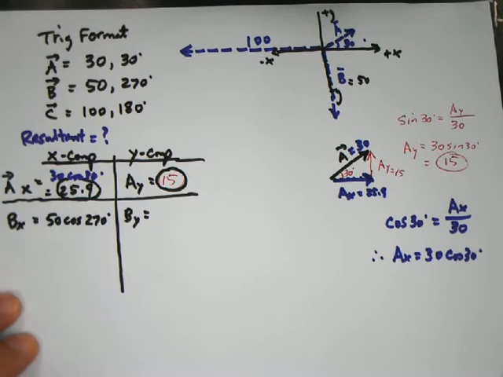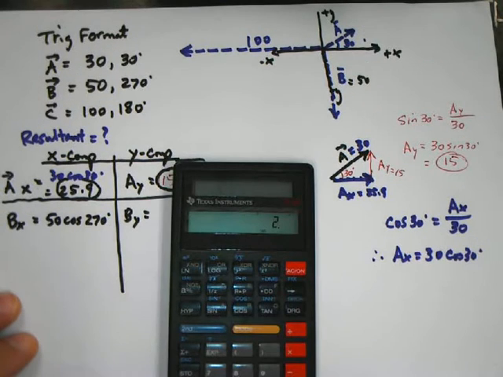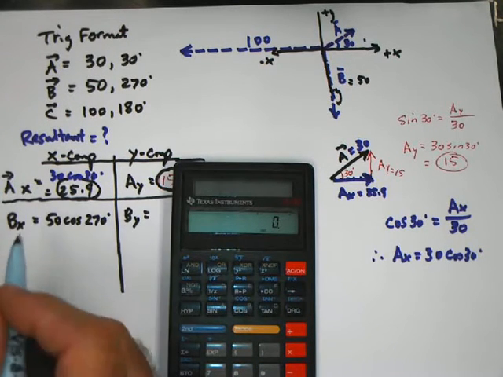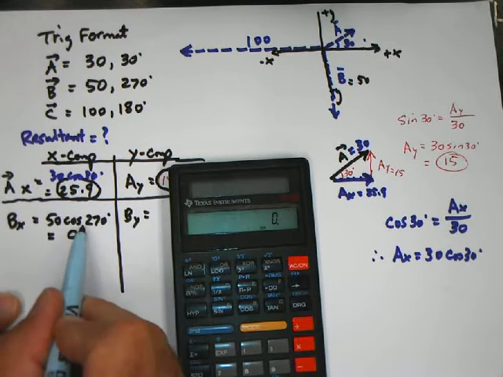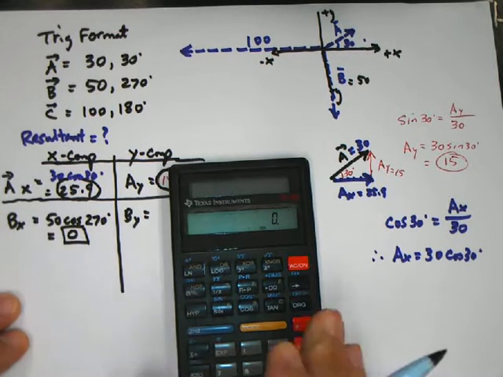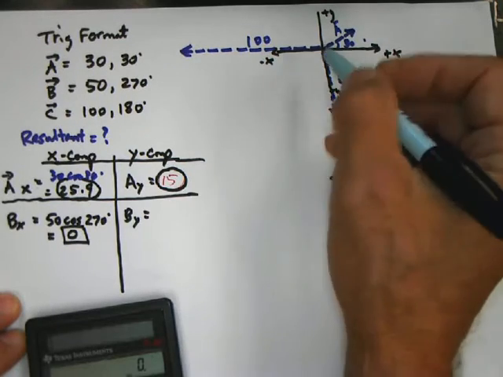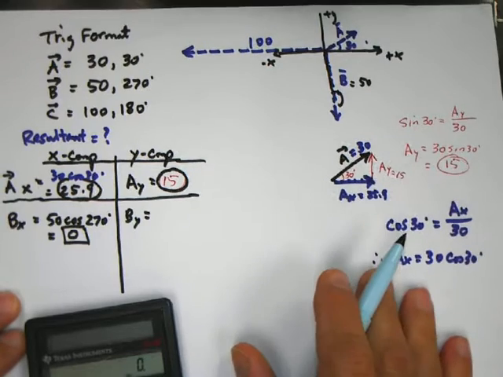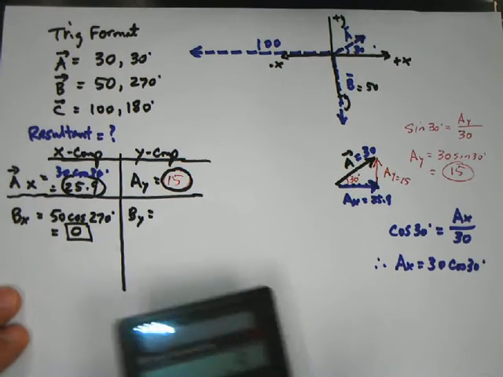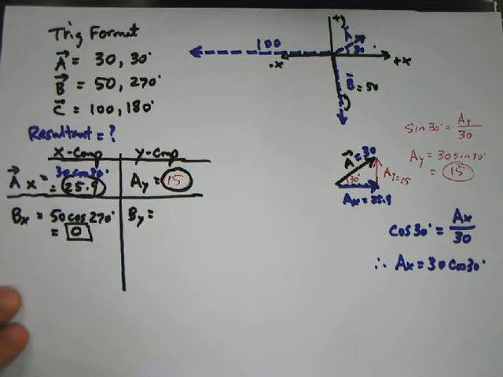Okay, if I type that in, I'll make sure I'm in degree mode. Cosine 270 is 0. How about that? Well, that means 50 times 0 is 0. Not surprising. There's no horizontal component to that totally downward vector there. We didn't have to do any math for that.